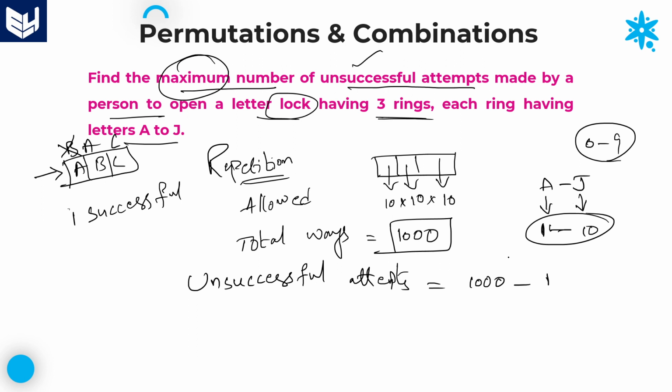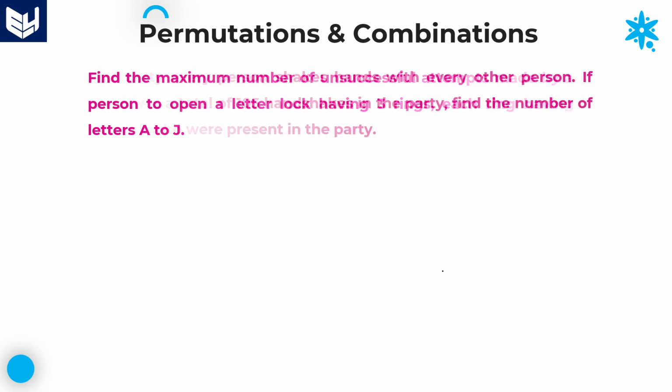Successful attempts are always 1. You must subtract that successful attempt from the total, which gives 1000 minus 1, equal to 999. That is the exact answer for this question. Let's move on to the next question.